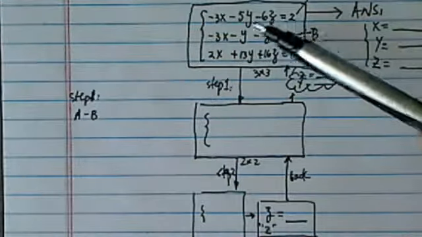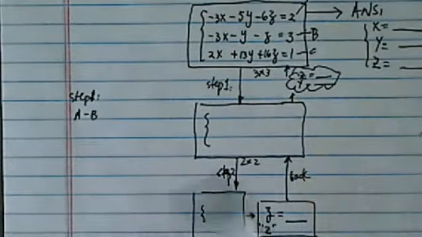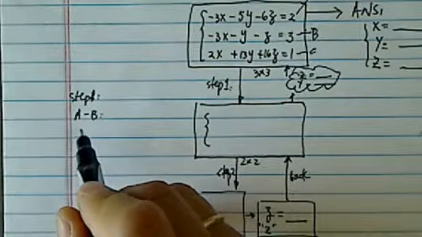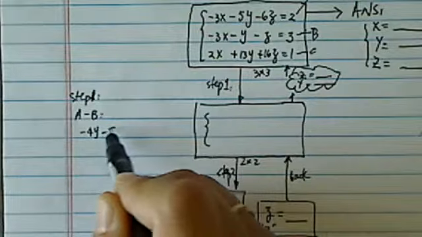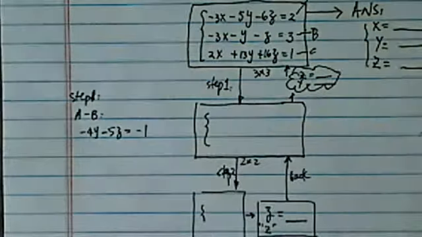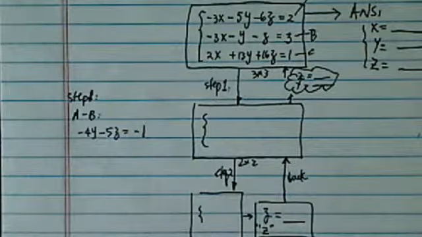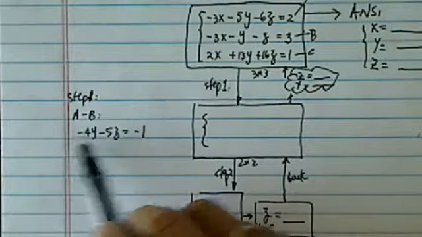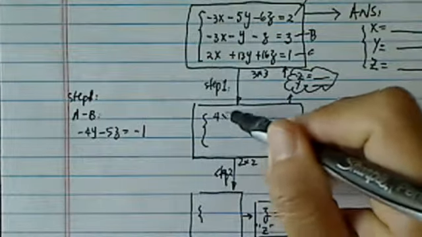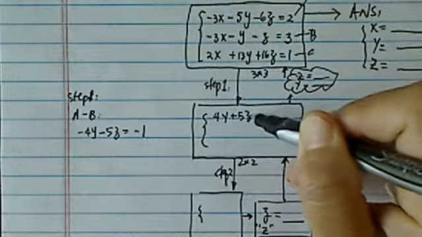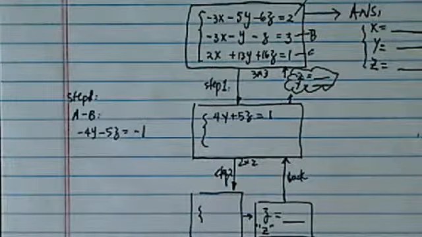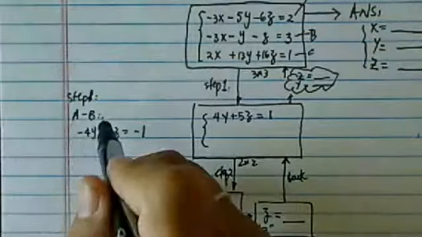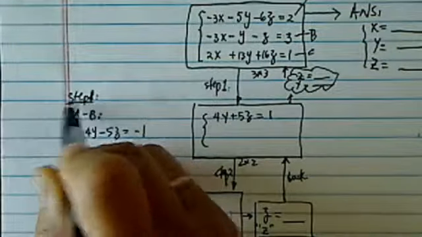I figure if I use equation A minus equation B, in this case, I would get 4y minus 5z equal to minus 1. I'm not so fond of those minus signs, so I decided to multiply by minus 1 for all of them. So I have 4y plus 5z is equal to positive 1. So here's one equation that has 2 variables. I need 1 more. This one is step 1.